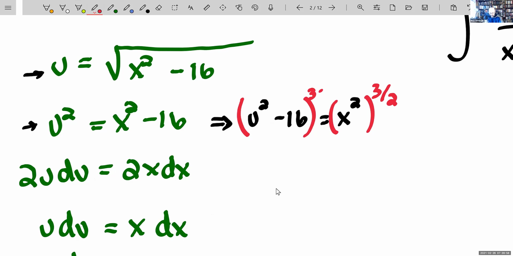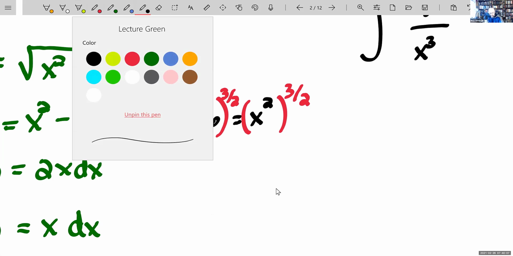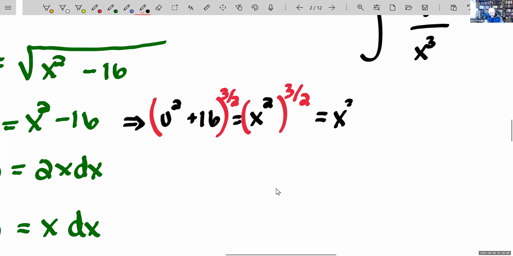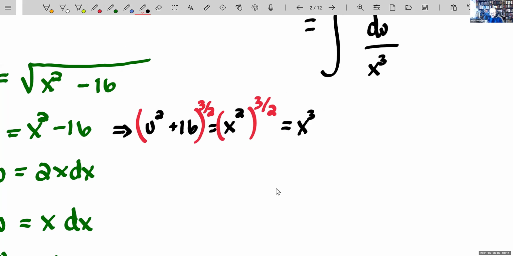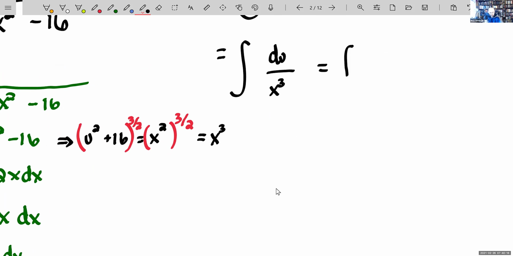Thank you. You raise both sides to 3/2 power so that the right-hand side there becomes an x cubed. So now I know what x cubed is in terms of u's, and it still leads us down the road to a terrible integral. And in fact, it has not gotten better, but almost worse in complexity.